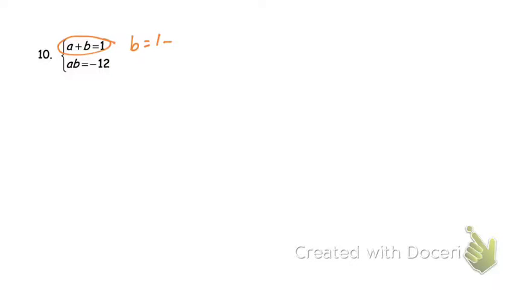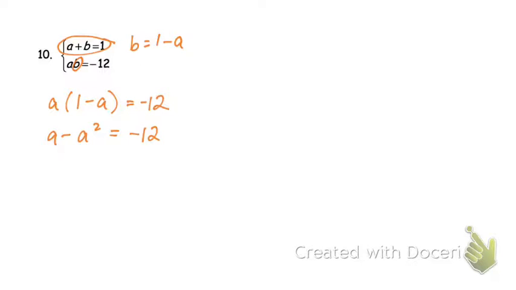So b equals 1 minus a. I plug that in here: a times (1 minus a) equals negative 12. A minus a squared equals negative 12.